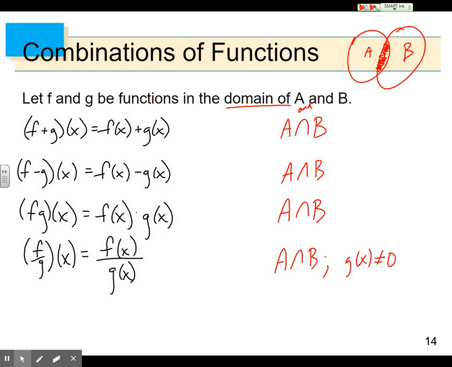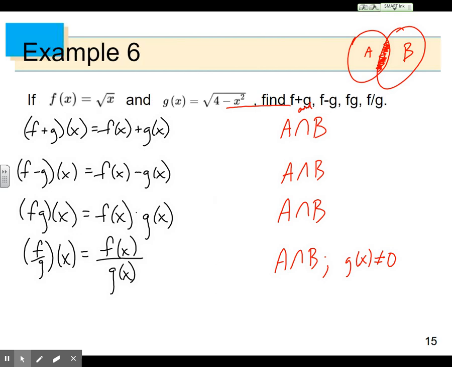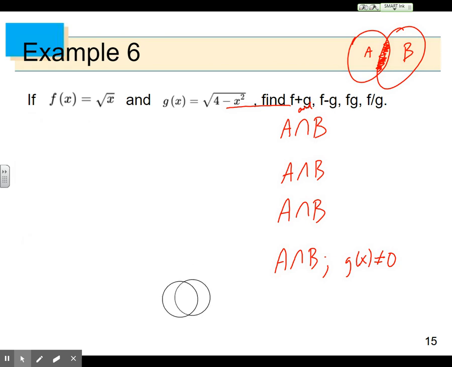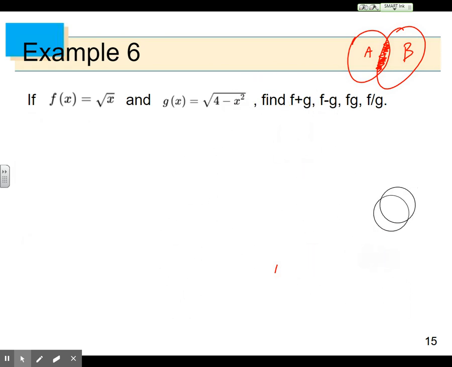So let's look at some. The math behind this is pretty easy, but I want to really focus on this domain that we skipped last year. I'll leave that little drawing up there to help us.